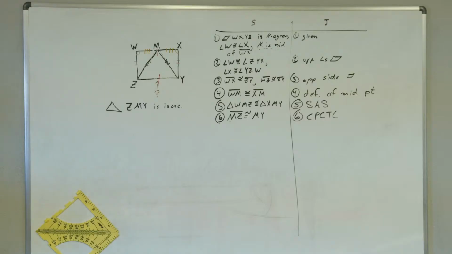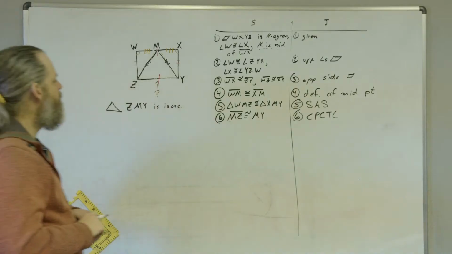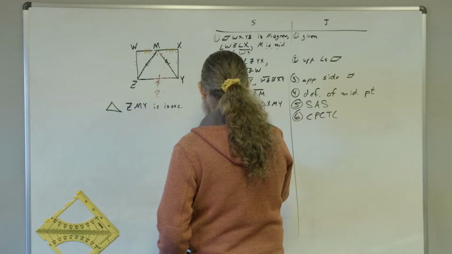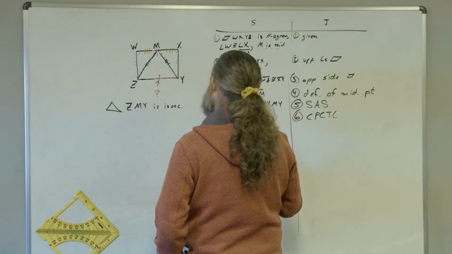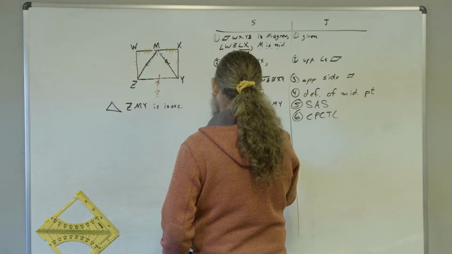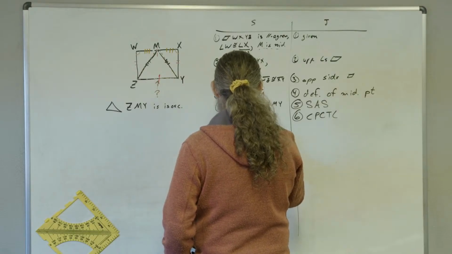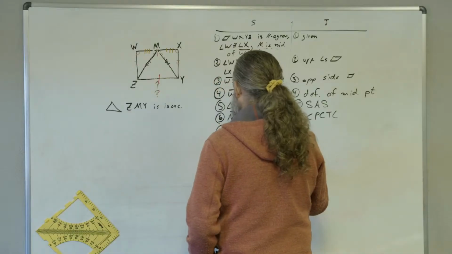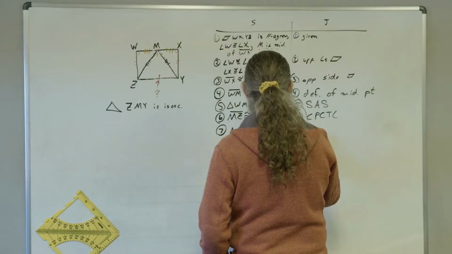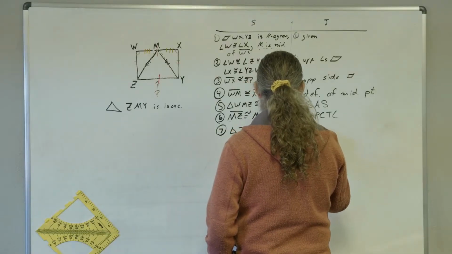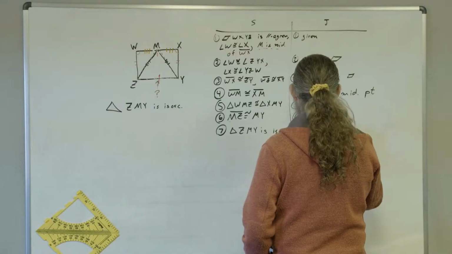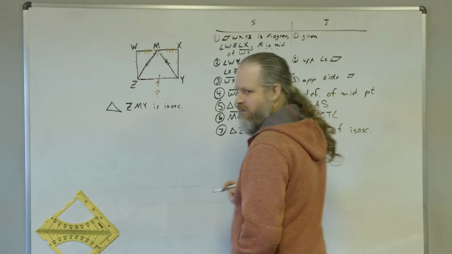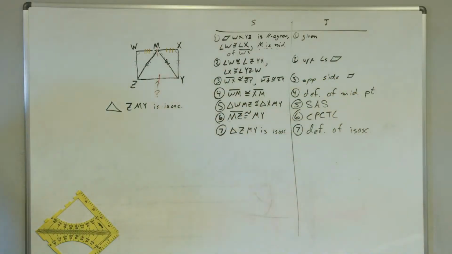It's isosceles, because why? What is that with isosceles? Is that a theorem or is that a definition? It's definition. Triangle ZMY is isosceles because definition of isosceles. What other questions from this lesson?